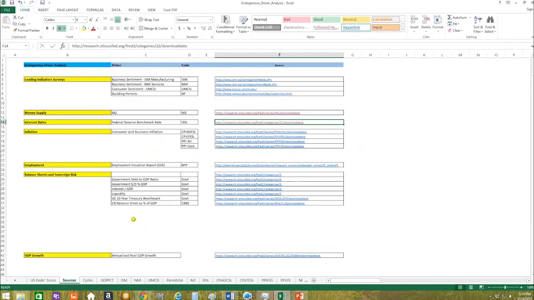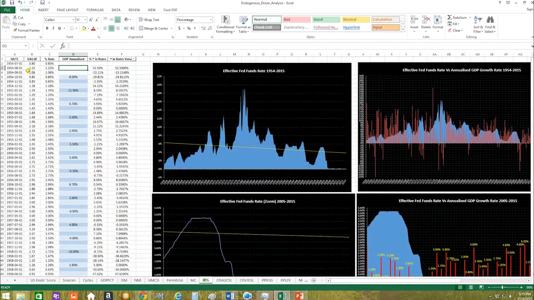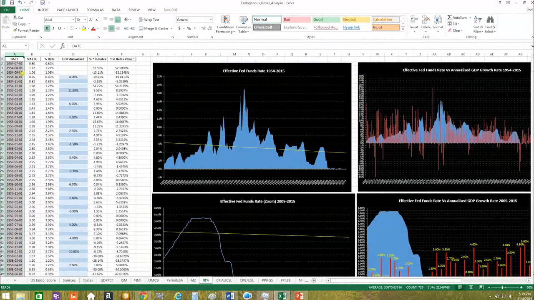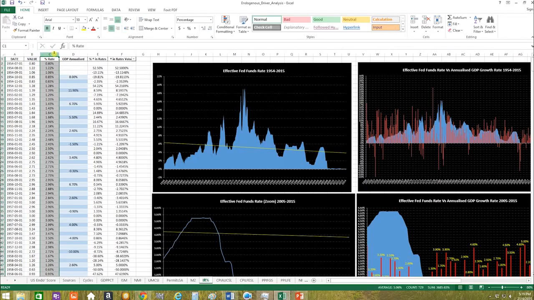And if you go back to the spreadsheet, we go into the interest rate tab, and we have a number of columns. The first one is the date, and this goes up in months. The second one is the value of interest rates, so the actual level that interest rates are set at, expressed in percentage terms.